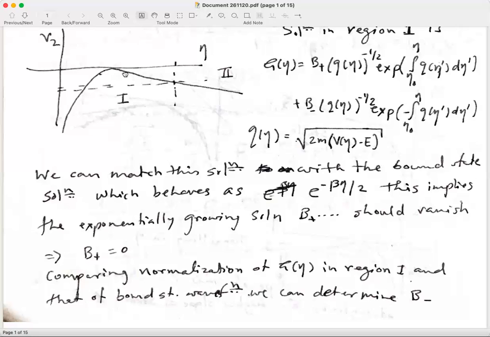So we are comparing at the left boundary, we are trying to compare the solution with the bound state solution. Yes. But why should we compare it with e to the power minus beta eta by 2?